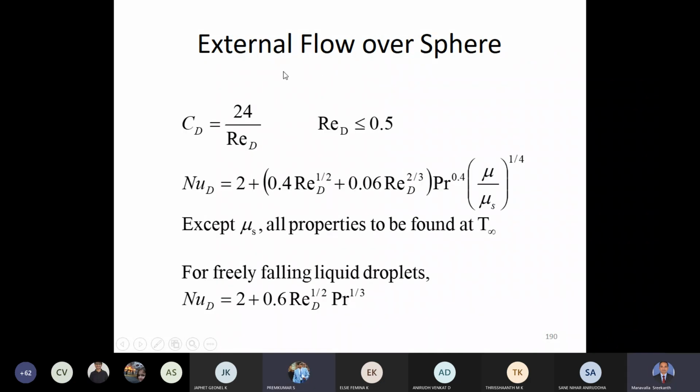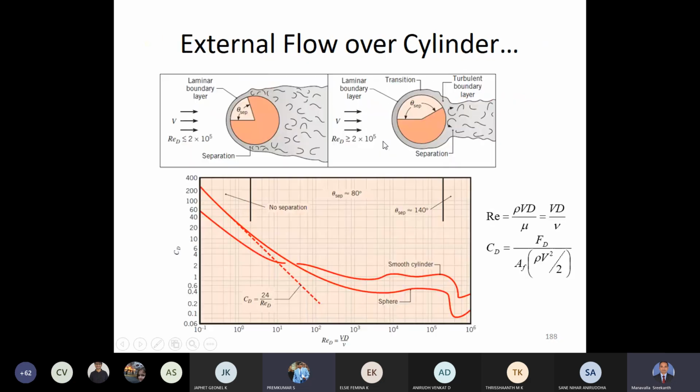In case of a spherical object, what should we do? For spherical objects, the coefficient of drag is 24 divided by Reynolds number for Reynolds number less than 0.5. You see here in this graph, for Reynolds number less than 0.5, for spheres, it is 24 divided by Reynolds number. This dashed line you see is what is given.